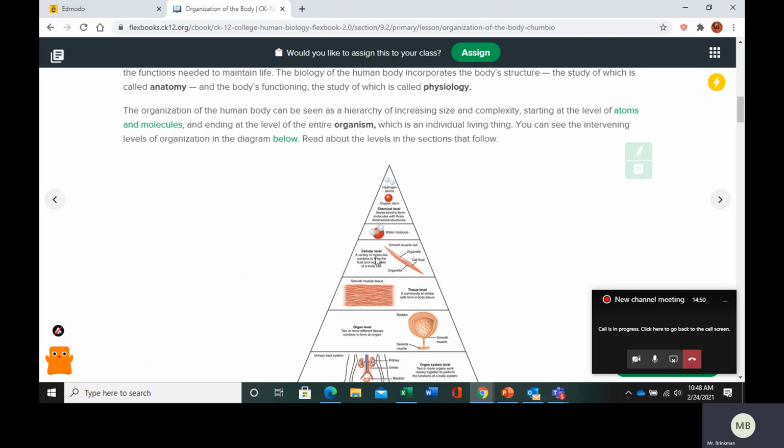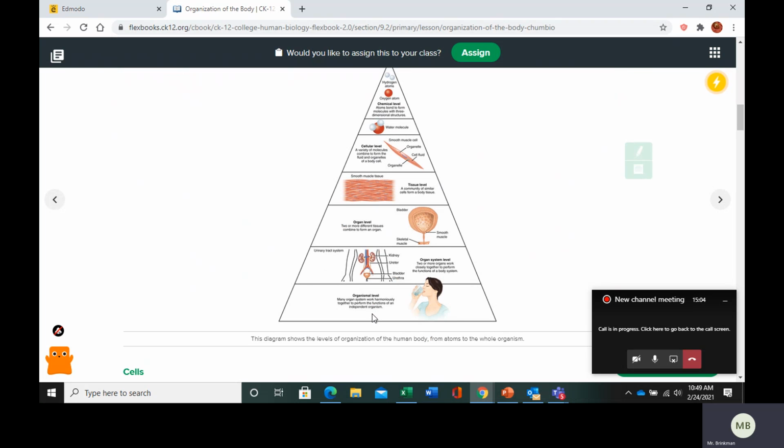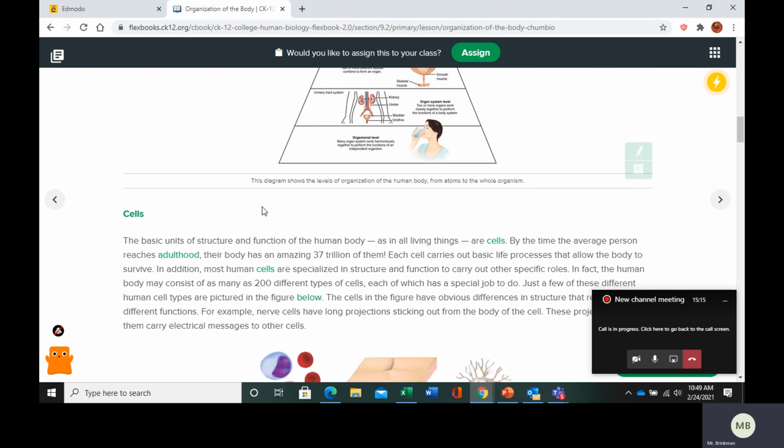When you combine molecules, you get cells. When you combine cells, you get tissues. When you combine tissues, you get organs. When you combine organs, you get organ systems. When you combine organ systems working together, you get an organism or a living thing. And we'll actually get into all of these starting with cells.